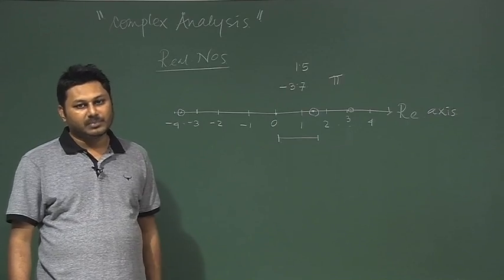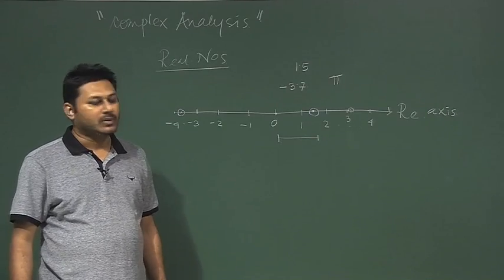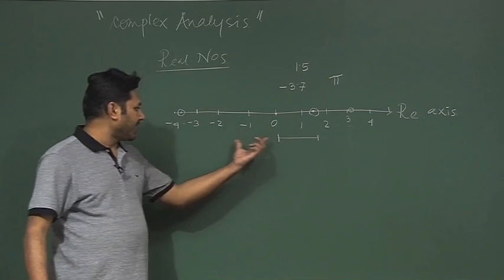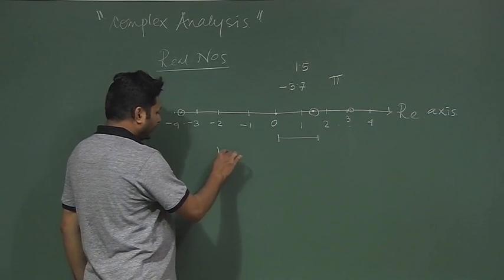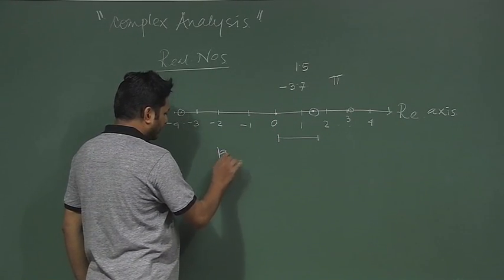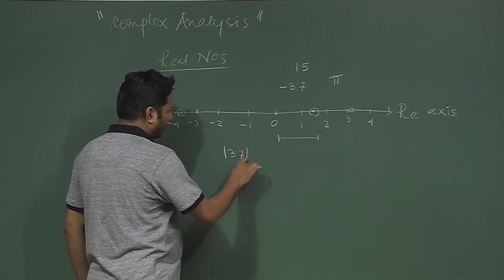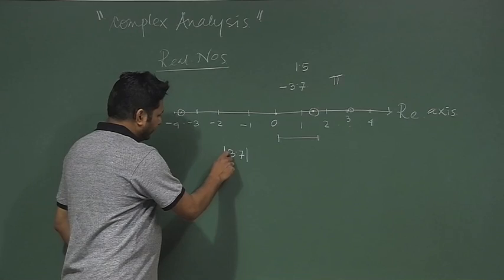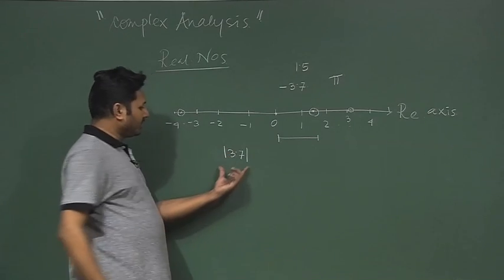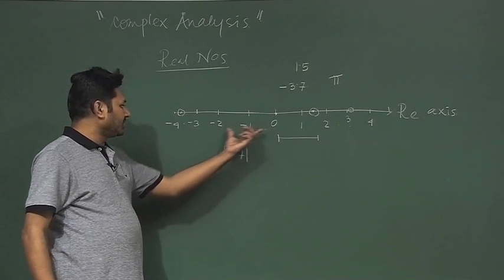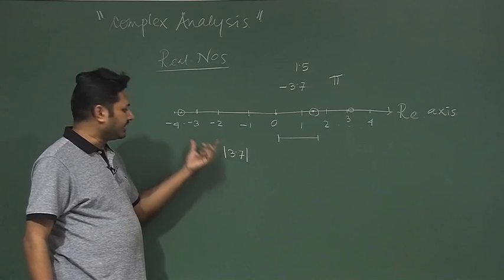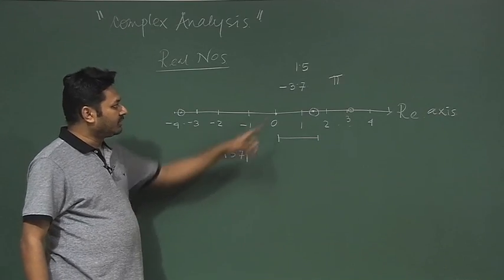We do not need to separate the magnitude and the value. For example, for 3.7, the magnitude will be the mod value of 3.7, and if it is negative, I am just talking about this length, not the direction which is given by the negative sign.